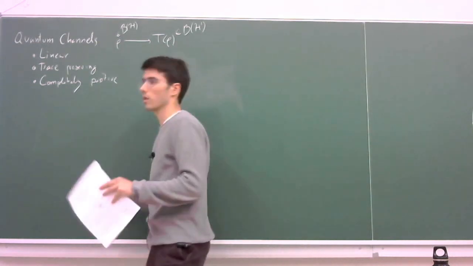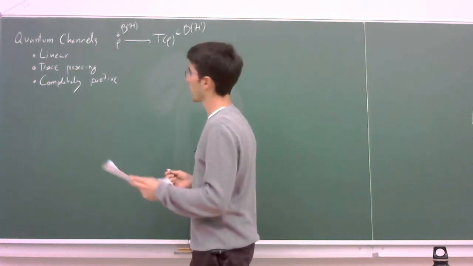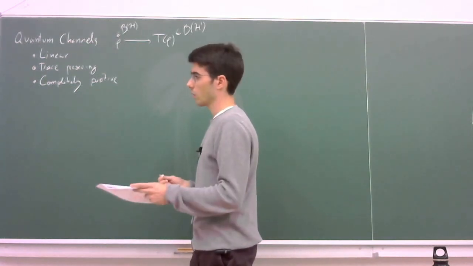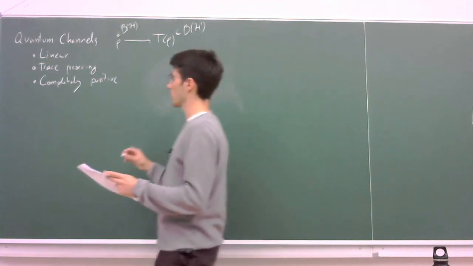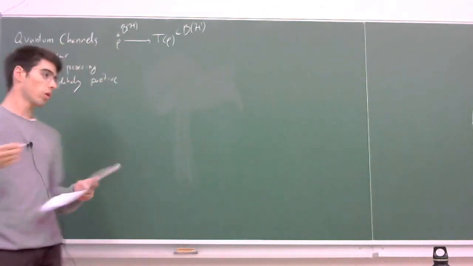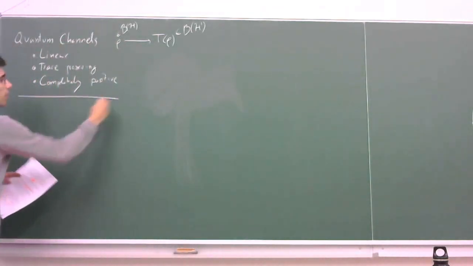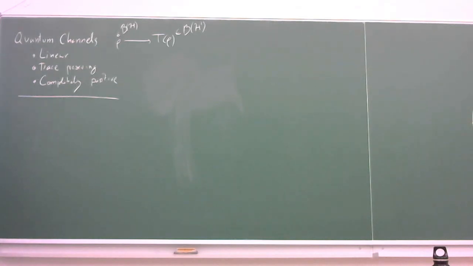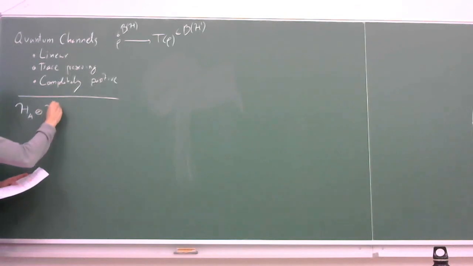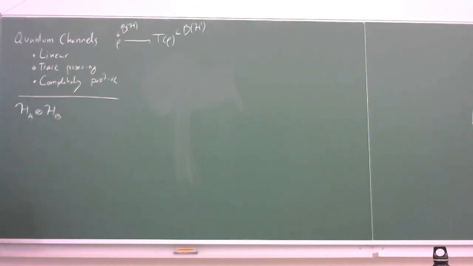So that's the thing. Then I wanted to explain complete positivity. Okay, so in order to characterize complete positivity, let me introduce first the maximally entangled state. A maximally entangled state is a state of a bipartite system. So we have two subsystems, A and B, with associated Hilbert spaces, HA and HB.